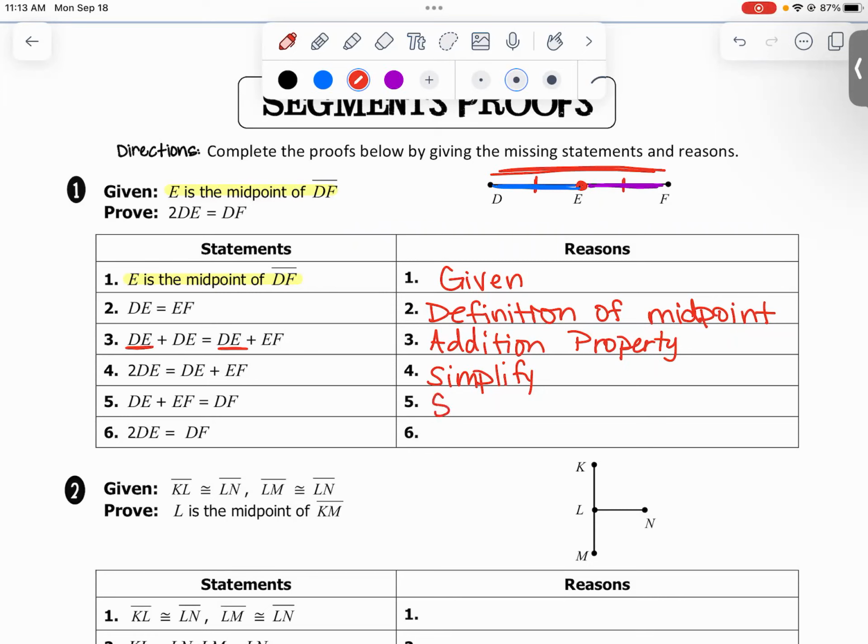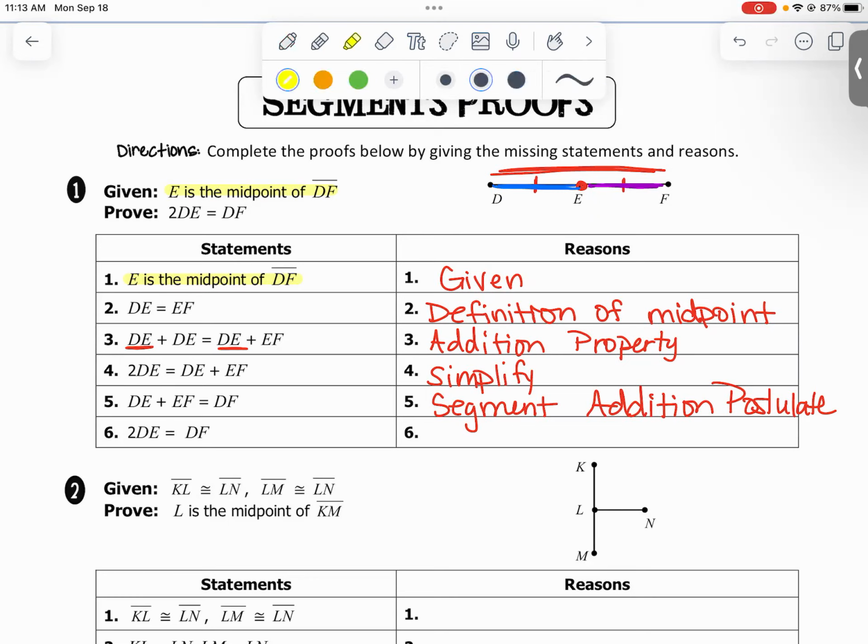That is our segment addition postulate. There's a pretty good chance you're going to have to use the segment addition postulate in a majority of these proofs. Okay. All right.